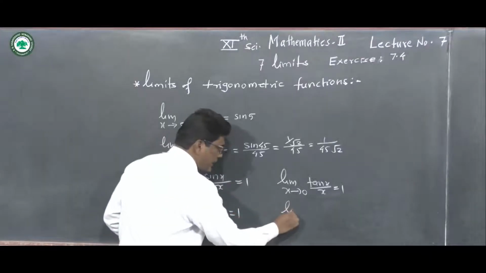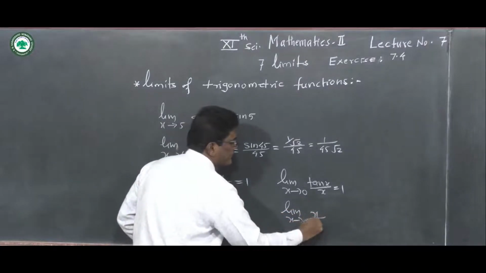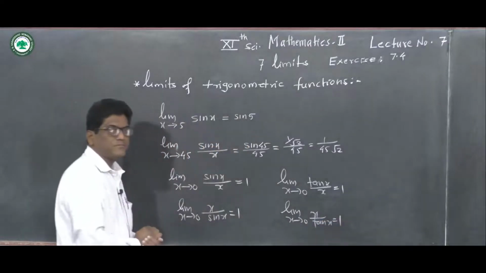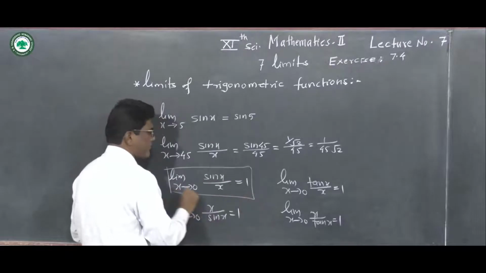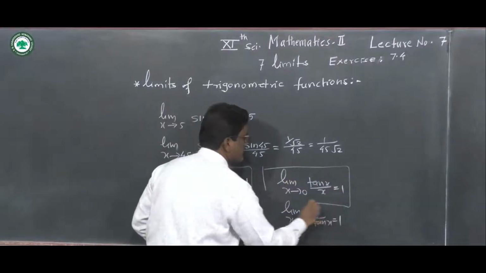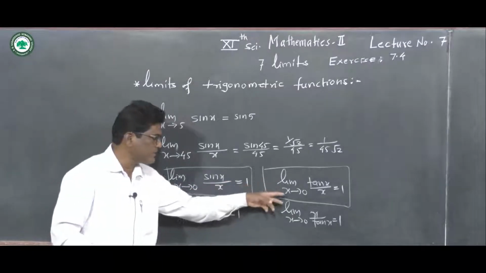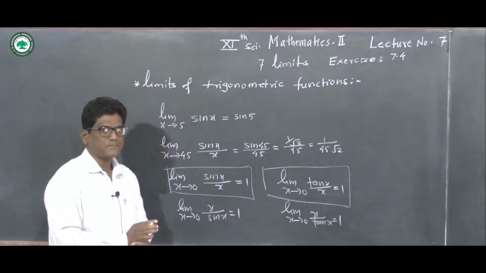Here also limit as x tends to 0, x upon tan x, then also the limit is 1. So we use these two important formulas, limit as x tends to 0, sin x upon x, is equal to 1, and limit as x tends to 0, tan x upon x, is equal to 1.